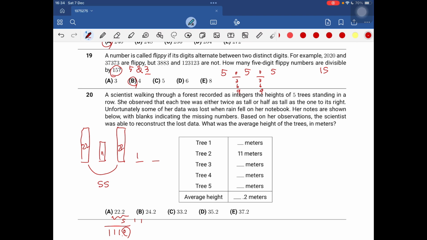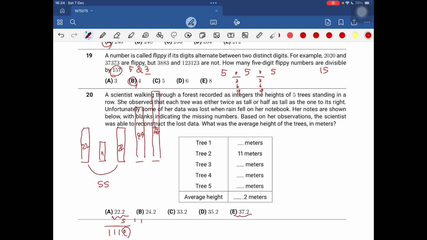So let's say if I go here 11 and 22, let's say, then 33. So we cannot make it again. So which means I need to make here 44 and 88, let's say.